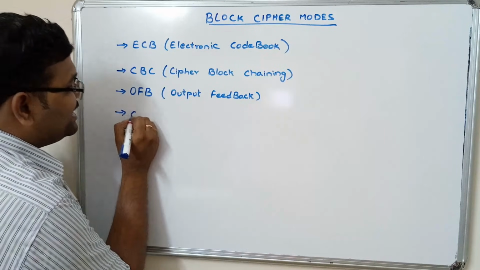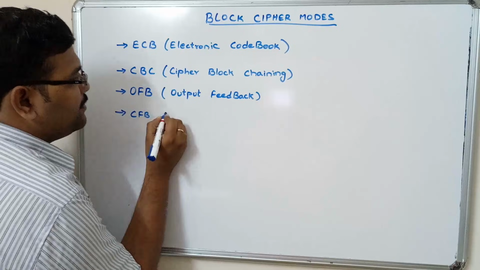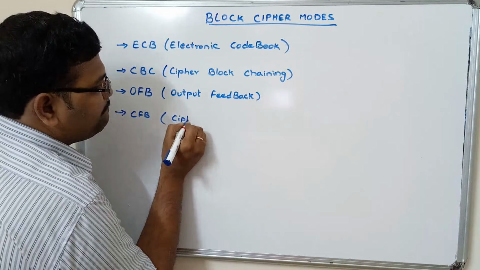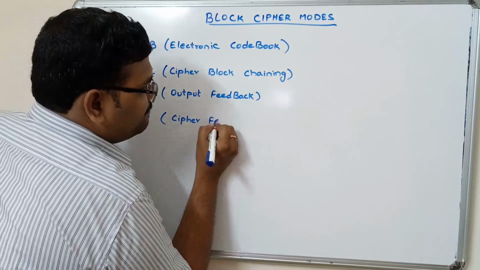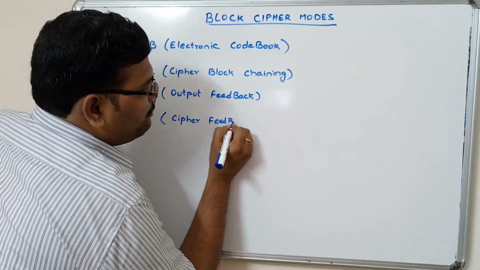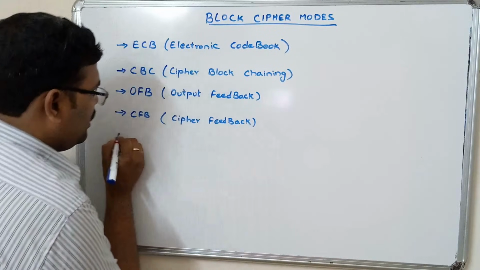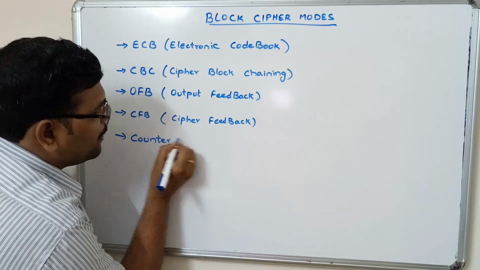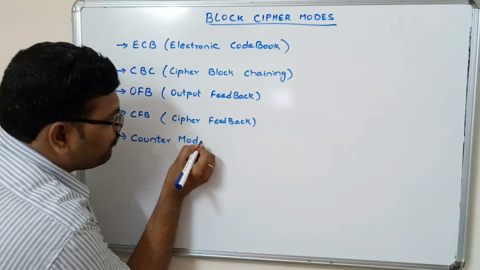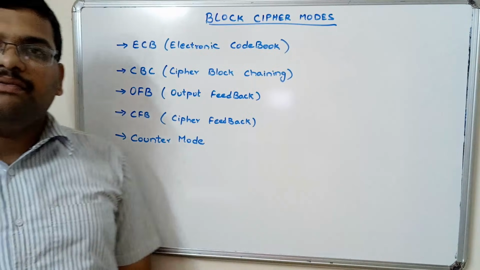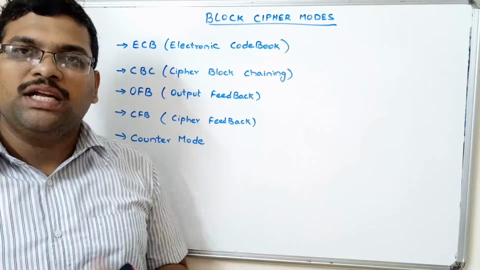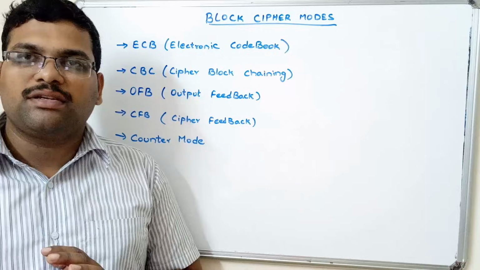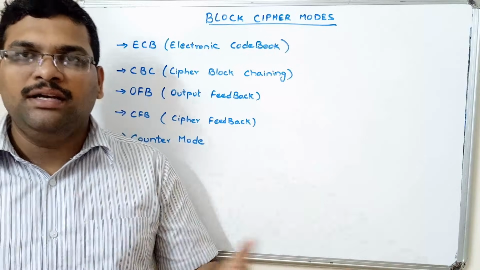Next, CFB, which stands for Cipher Feedback Mode. And the last one is Counter Mode. So these are the 5 different modes in which we can convert this block of plain text to the ciphertext.